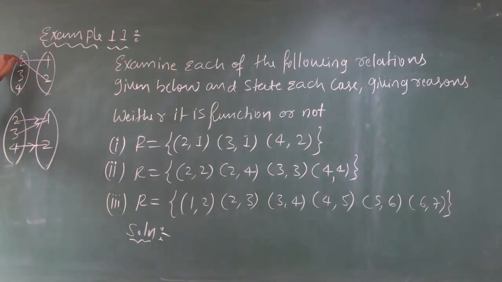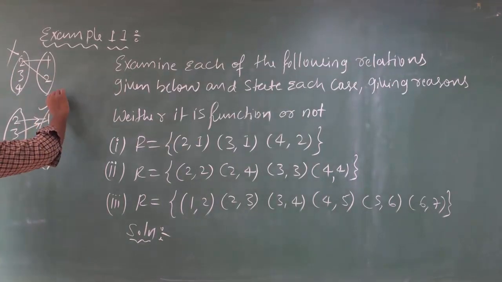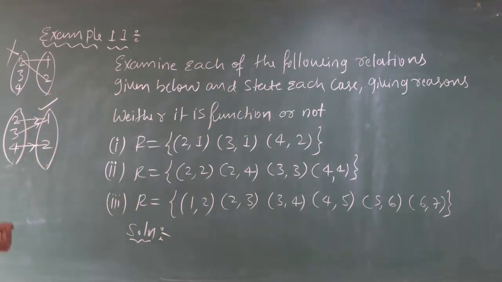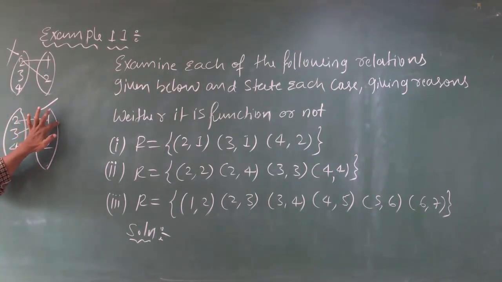See this, here 2 has two different images, so this is not a function. This will be a function. Clear? So that's how we can clear this confusion: 2 has one image, 3 has one image, 4 has one image. Therefore, this is going to be a function.